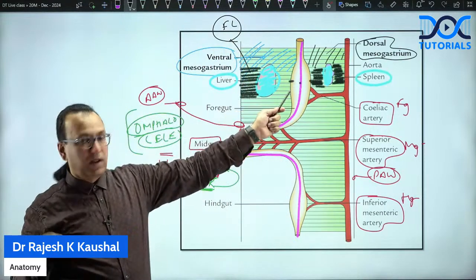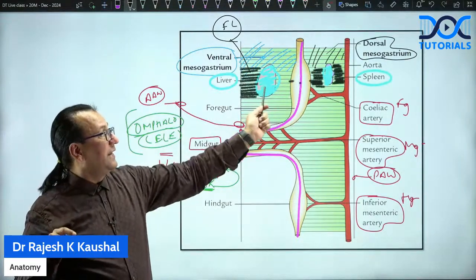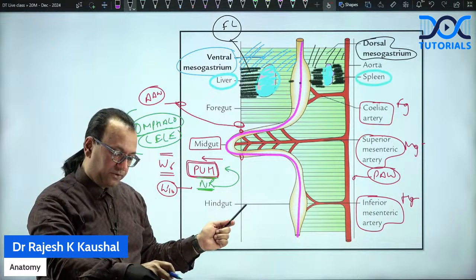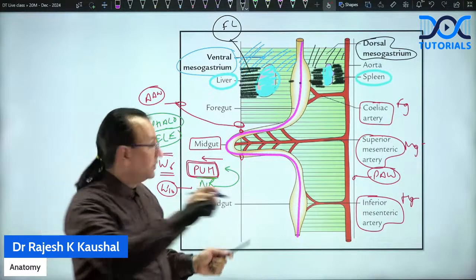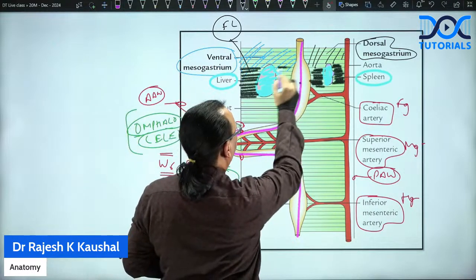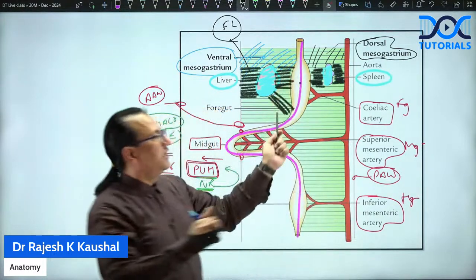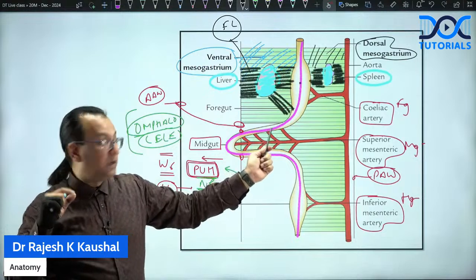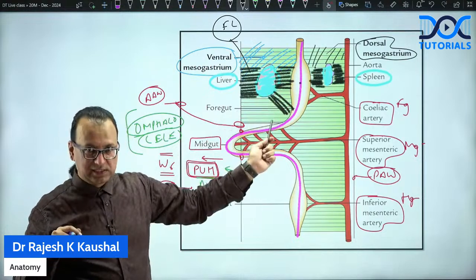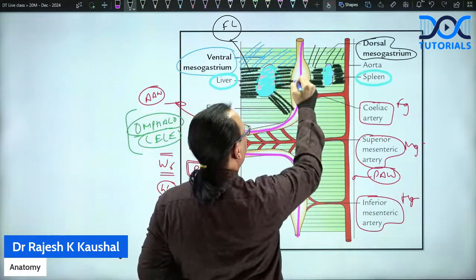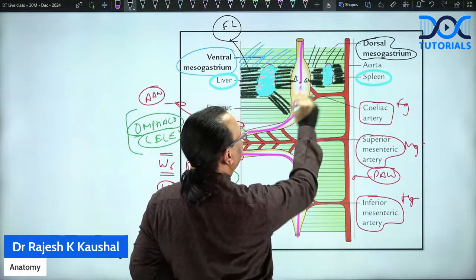Then there is one ligament attaching the liver to the stomach and the first part of the duodenum. That ligament, attaching the stomach with the liver and also the first part of the duodenum, attaches to the lesser curvature of the stomach, and it is called the lesser omentum. This is the lesser curvature on the posterior side, and this is the greater curvature.